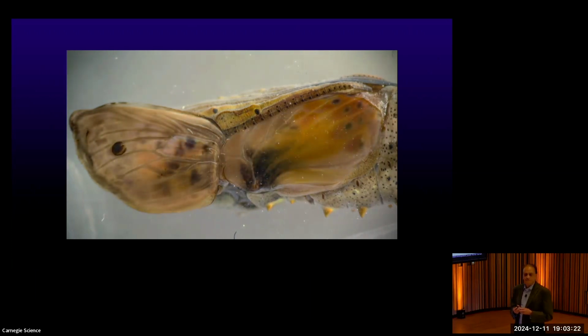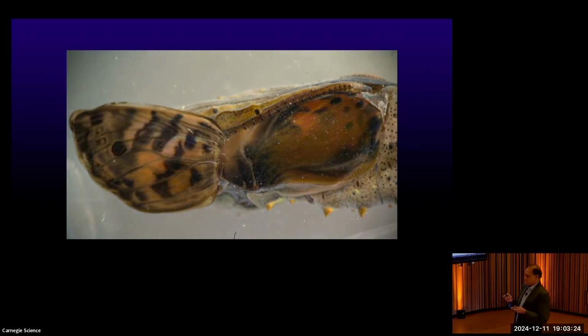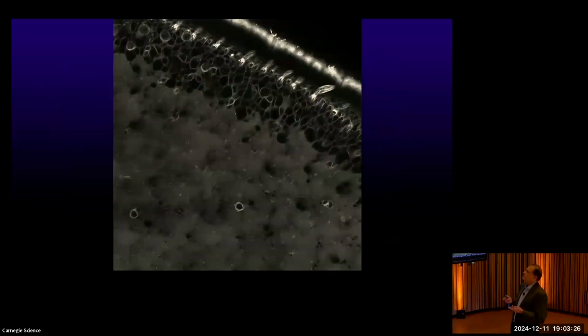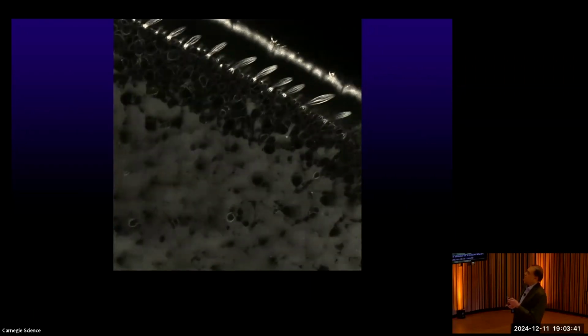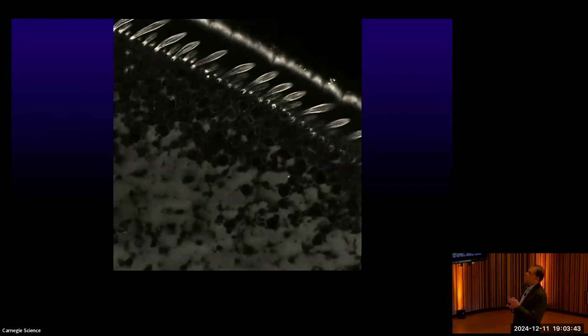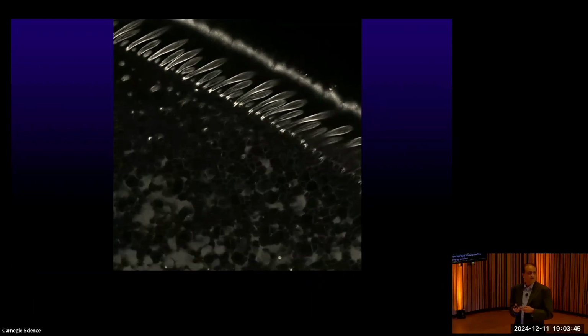So one of the things we're interested in is the internal skeleton inside the scale cell. This is made of a protein called actin that forms rods, and we think it is very important in forming the overall shape of the scale, which dictates some of the structural properties. So in this movie, we've actually been able to visualize the living scales growing inside this pupal wing.